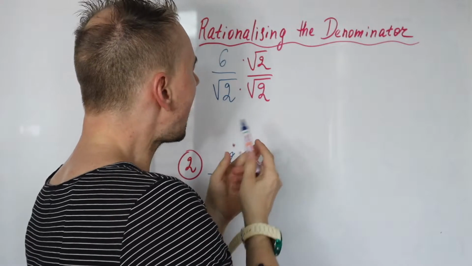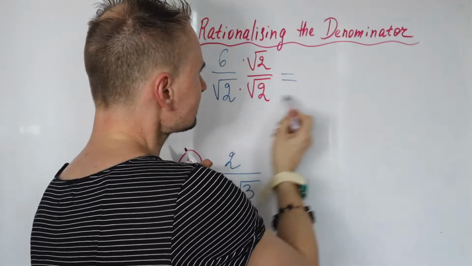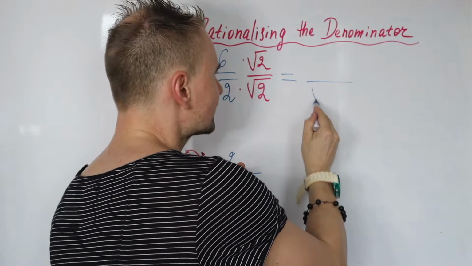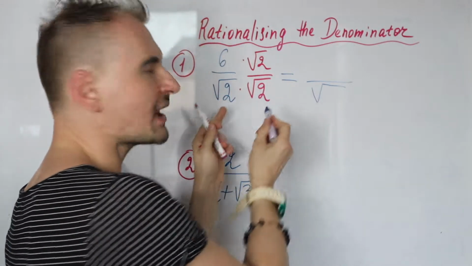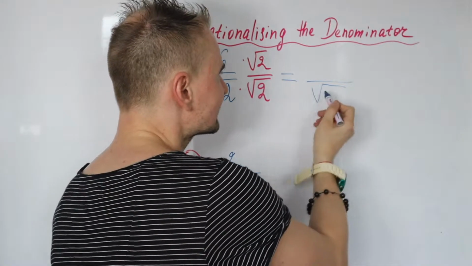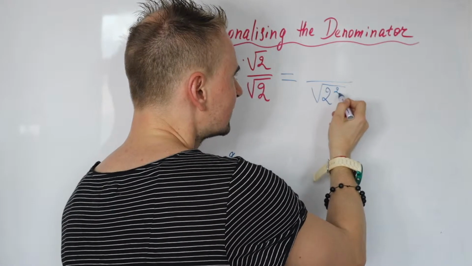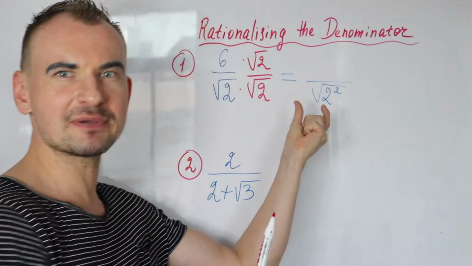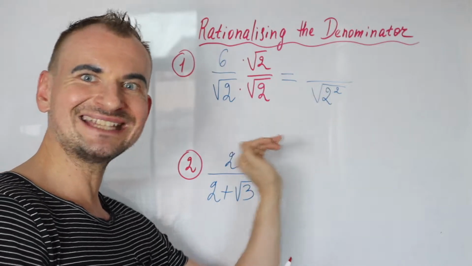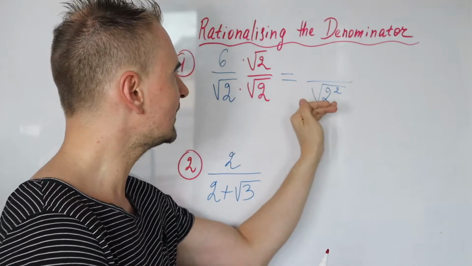Because immediately after, in your denominator, you would have just root 2 times root 2, and you need to multiply these straight across. Because it's the same number, it's just 2 squared, or any number squared. So that's why you can get rid of this root from the denominator.